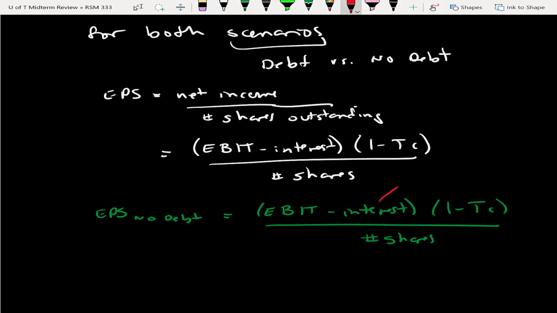So interest is going to be 0 because there's no debt. Tax rate is given as 0. Number of shares was given as 400. And EBIT is the variable. So that's what we're trying to solve. So this essentially can be reduced to EBIT over 400.